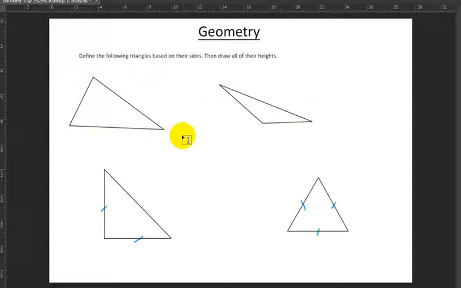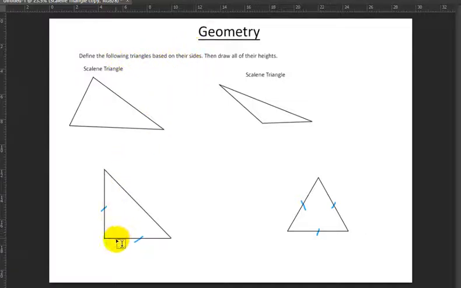These two first triangles, as you see, since I haven't put any lines in, that means that no two sides are equal, making them what we called yesterday scalene triangles. So this is a scalene triangle, and this is a scalene triangle. In this triangle, you might want to call it a right triangle because, as you can see here, it has a right angle, but that would be incorrect because the problem asks us to define the triangles based on their sides.